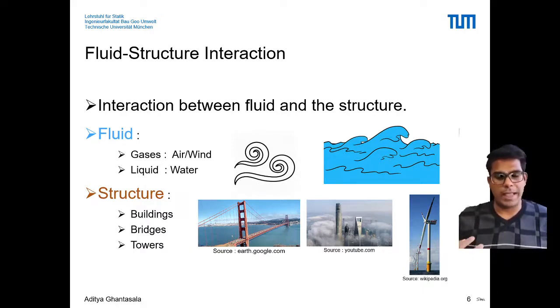Fluid is anything that flows. A gas, for example, wind or air, or a liquid, for example, water, or any other liquid that we come across, is a fluid. On the other hand, a structure is something which is built, for example, buildings, towers, bridges, or wind turbines, and so on. Anything that is built by humans is a structure.